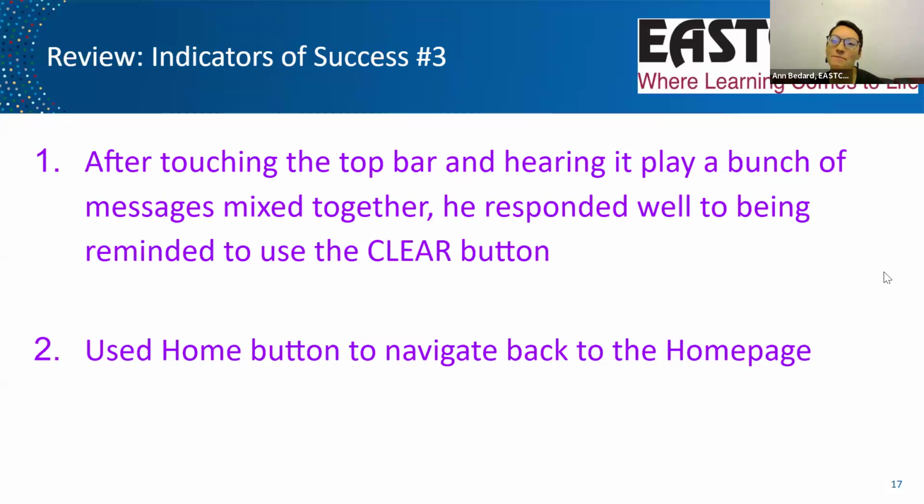So we saw some people would look at that as a negative, that he was kind of thinking it was funny to play all the stuff that had piled up in the top bar. But what I was really noticing was, how did he respond when I redirected him? I did it in a very kind, gentle way, saying, oopsie, that's why we need to use the clear button, kind of giving him the benefit of the doubt, no scolding. He responded really well to that, and he didn't continue to do that. That's an indicator of success, that in the future, when I'm not there and the para or mom is the one having to redirect him, he's going to respond well to it.